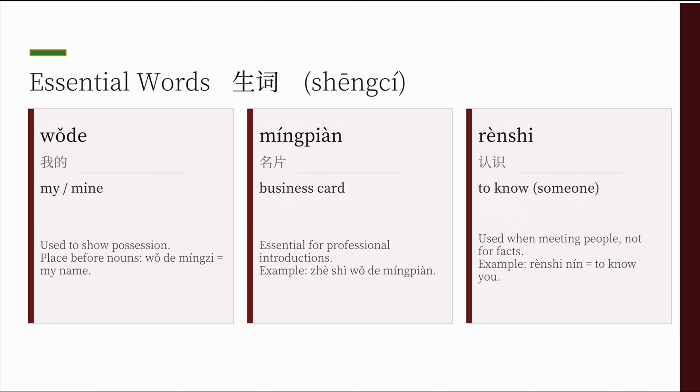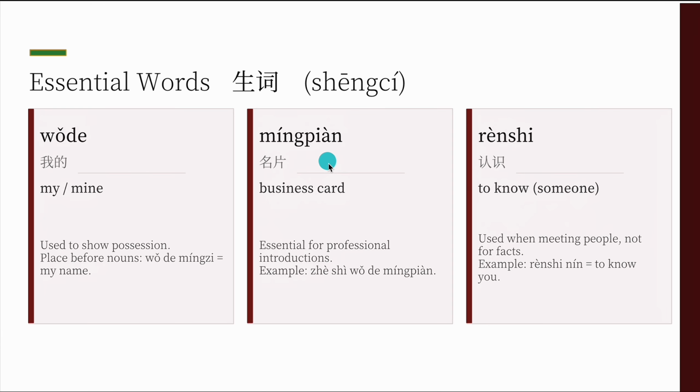When something is yours, mine. This is mine. This is my book. It is used to show possession. You place it before nouns. For example, we learned 名字 in our first lesson, which is name. So if you want to say my name, you can say 我的名字. Can you say that? 我的名字, which means my name.